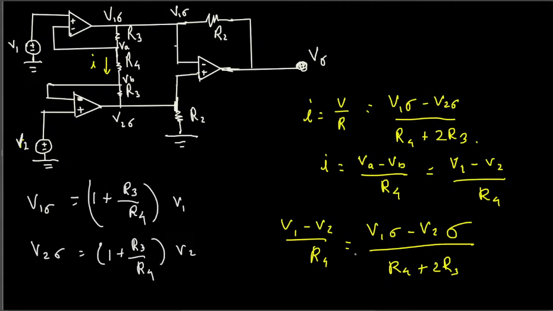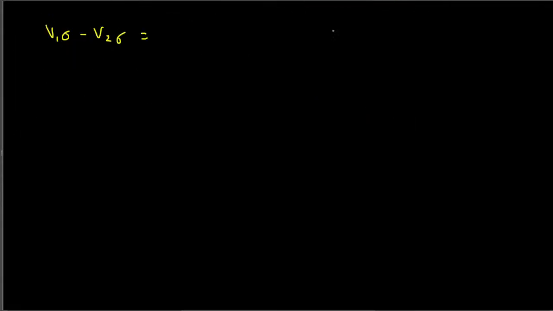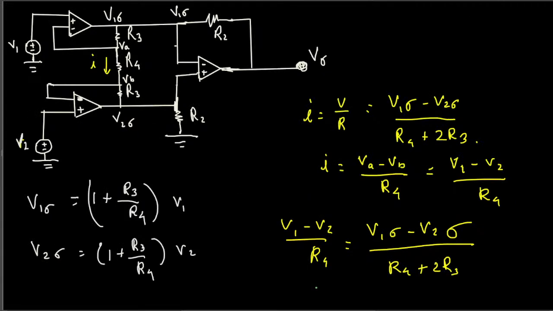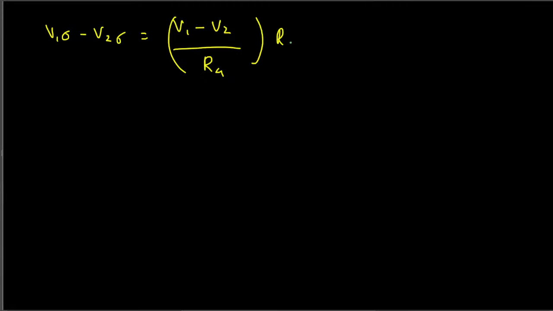If I rearrange this equation in terms of V1 output minus V2 output, that is equivalent to V1 minus V2 divided by R4 multiplied by R4 times 2R3, R4 plus 2R3.